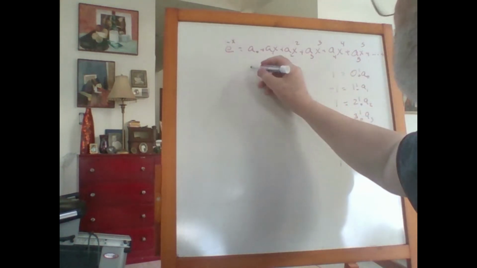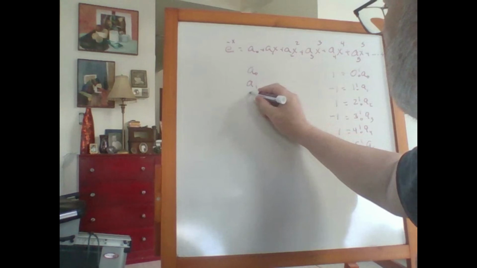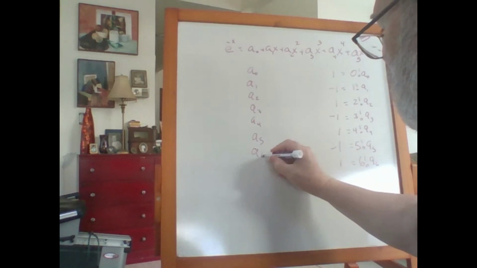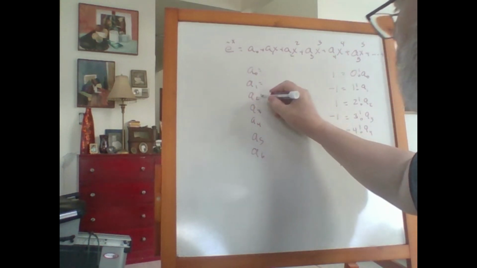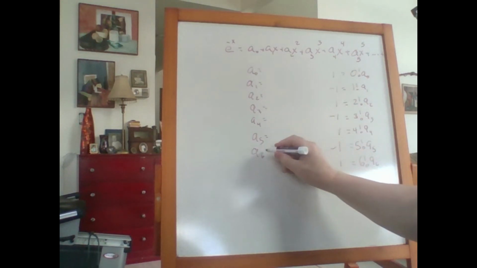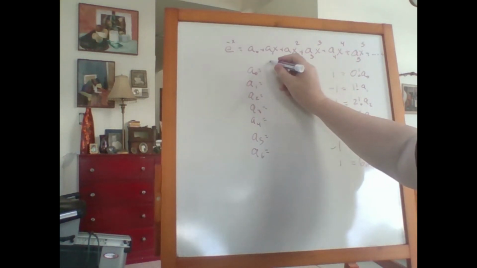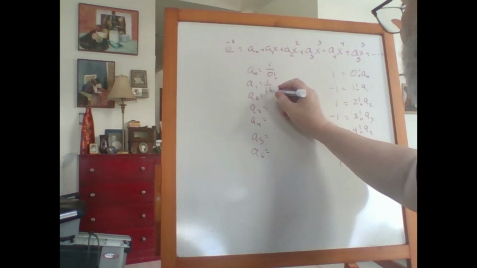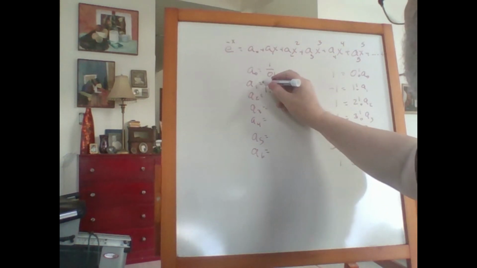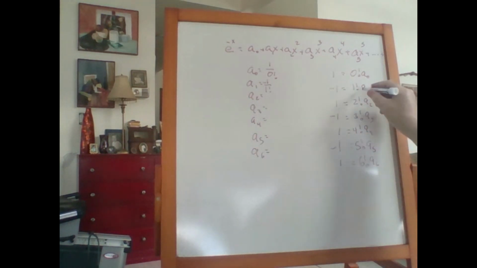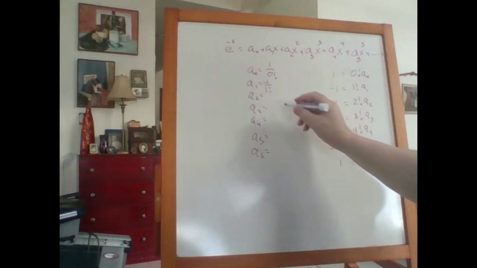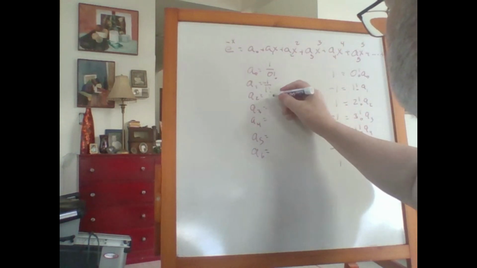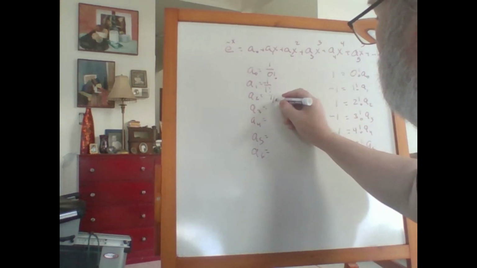So a naught, a1, a2, a3, a4, a5, a6 equals 1 over 0 factorial, 1 over 1 factorial, this is minus 1 over 1 factorial, positive 1 over 2 factorial.